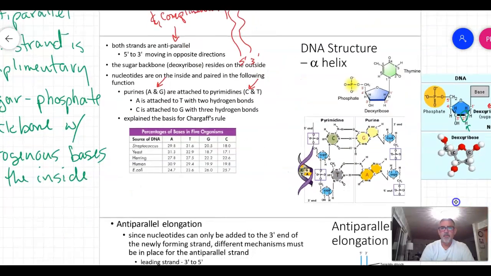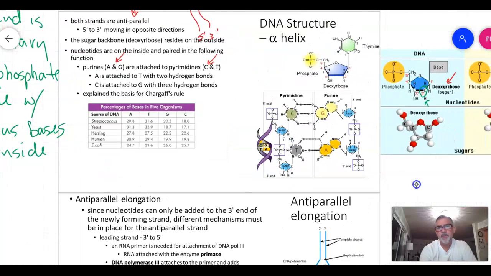If we look at this picture here, my sugar phosphate backbone is on the outside. So I've got a phosphate and a sugar, a phosphate and a sugar. All those are on the outside.